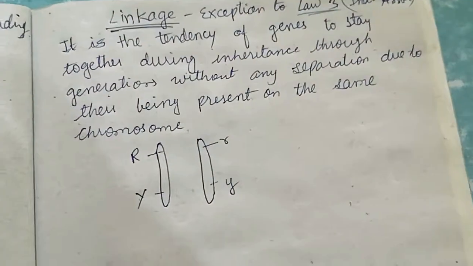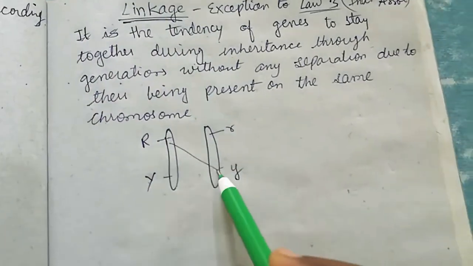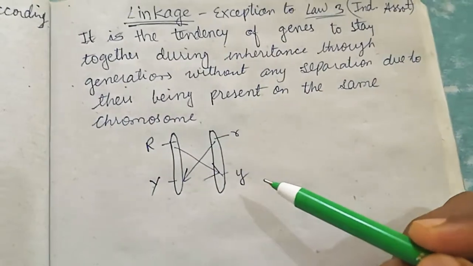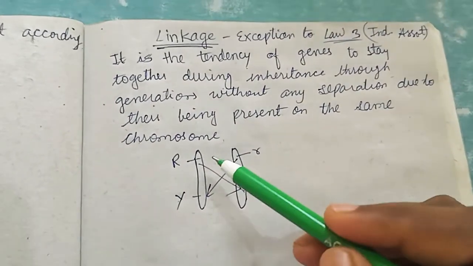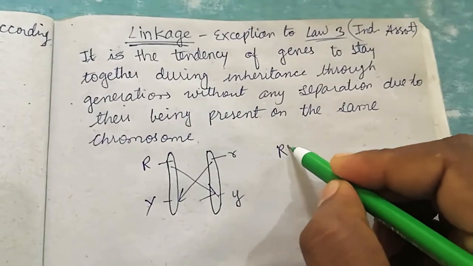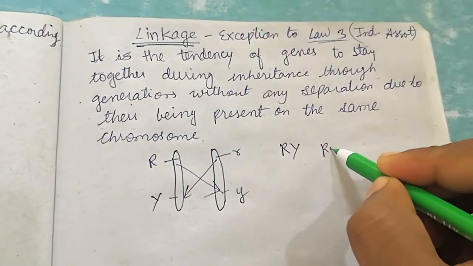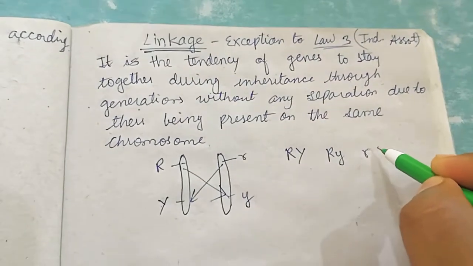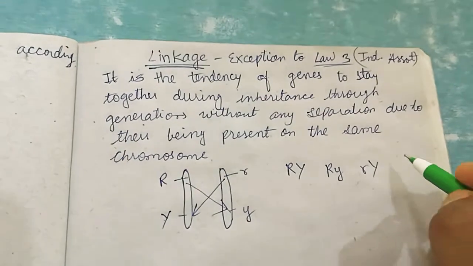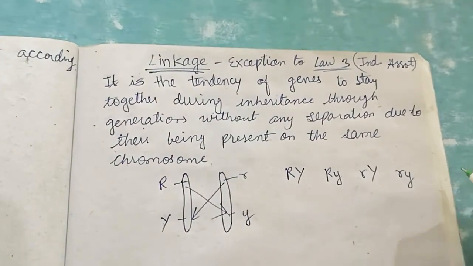Usually there is a crossing over, so independently we will get capital R capital Y, capital R small y, small r capital Y, and small r small y.